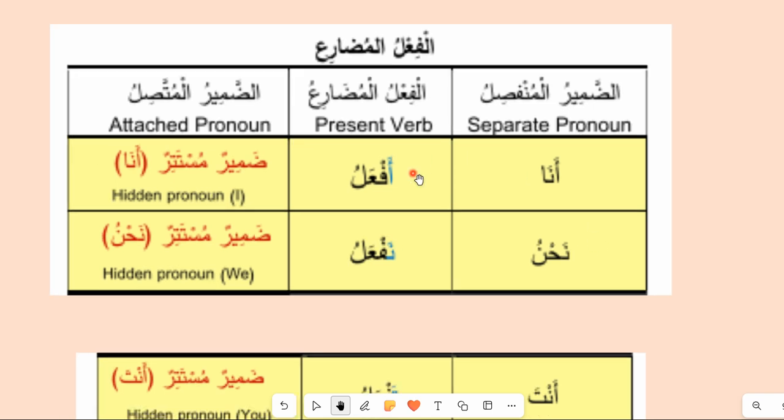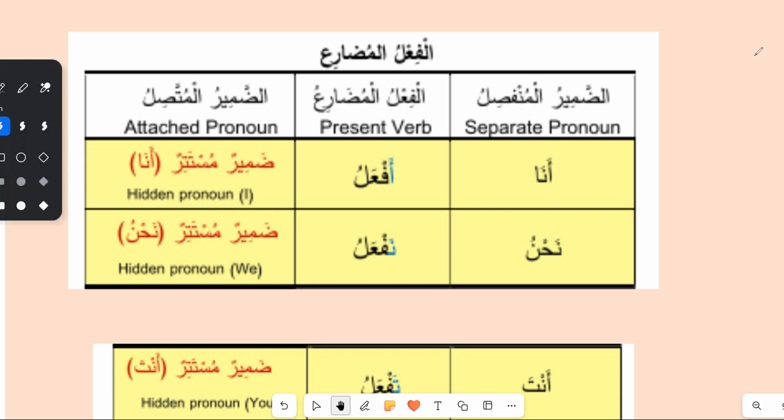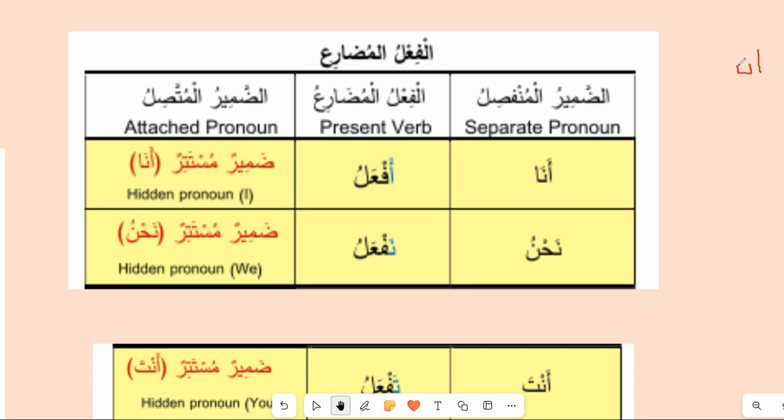In the fail mudare, as you know now, we have four letters called anaitu. They are put together to make it easier to memorize.